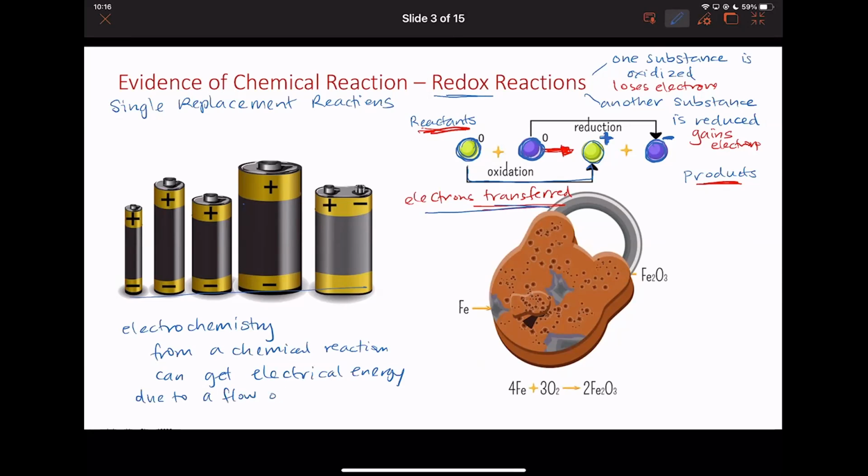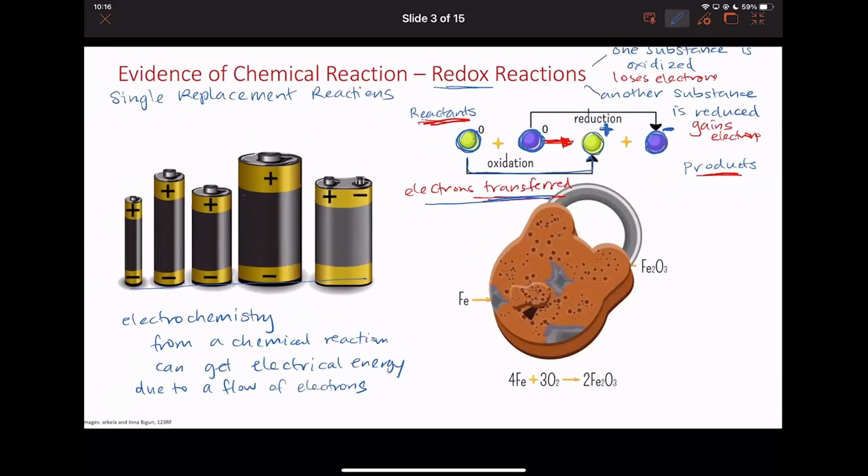And that flow of electrons, when it's set up to flow through a device, something that you're trying to power, it can be a flashlight, or a small object like a calculator, or it can be a car, will generate electrical energy in that device. So that's a battery as an example of stored energy.